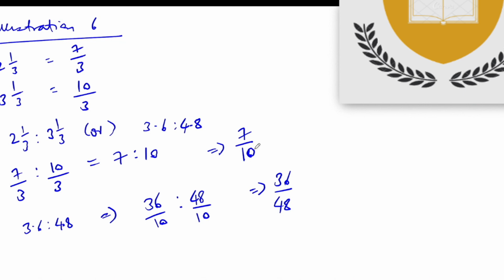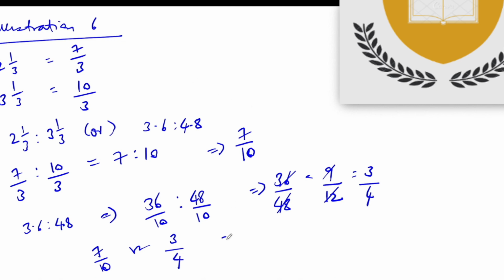We can divide by the common factor 4, which gives 9 by 12, and again we can divide by 3, which is 3 by 4. Now we have to compare 7 by 10 versus 3 by 4.